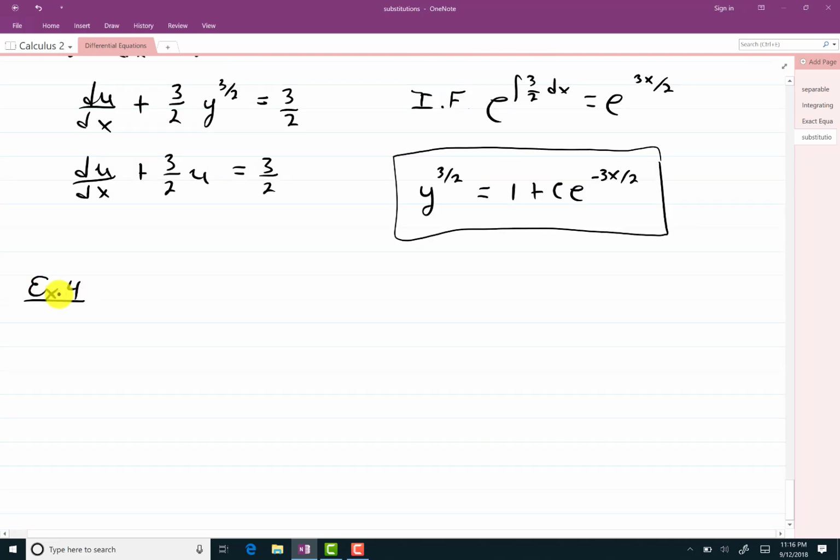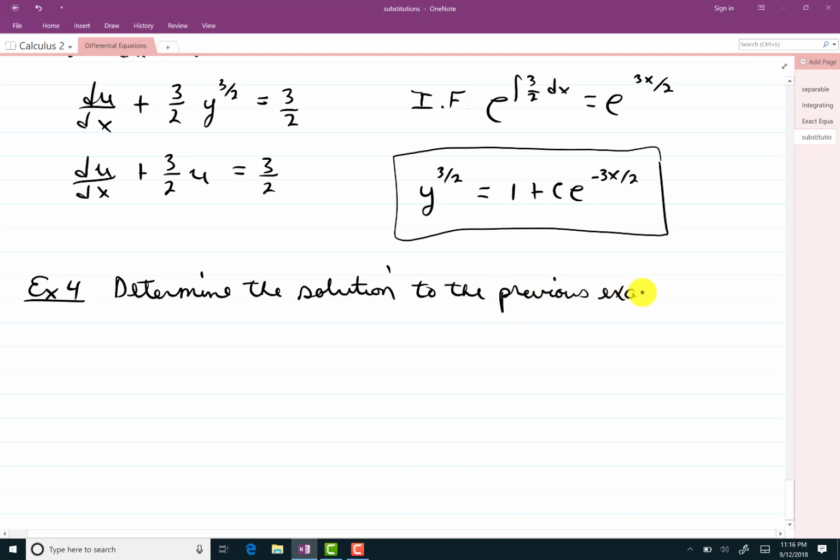We call this example 4. Determine the solution to the previous example, if you know that y of 0 equals 4.